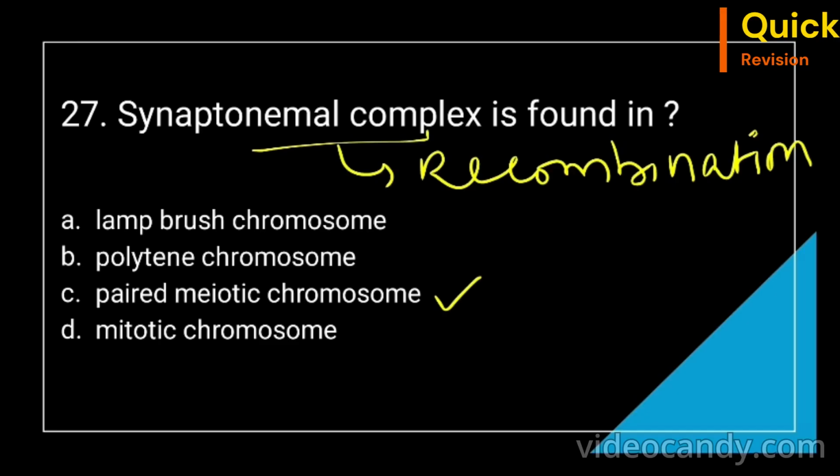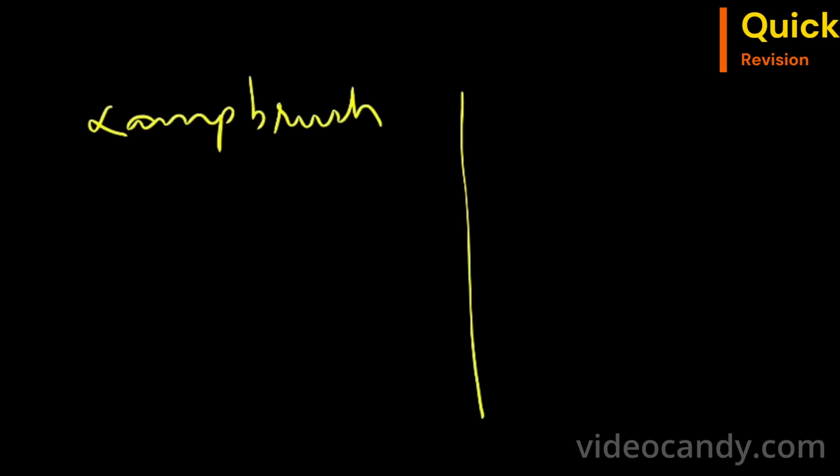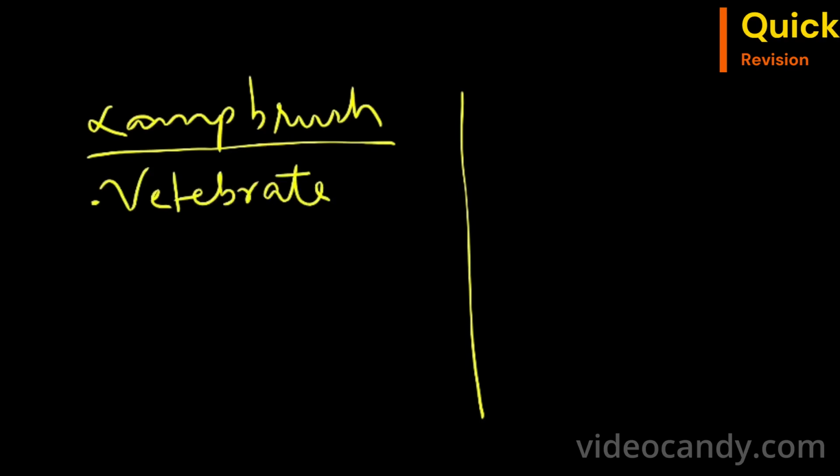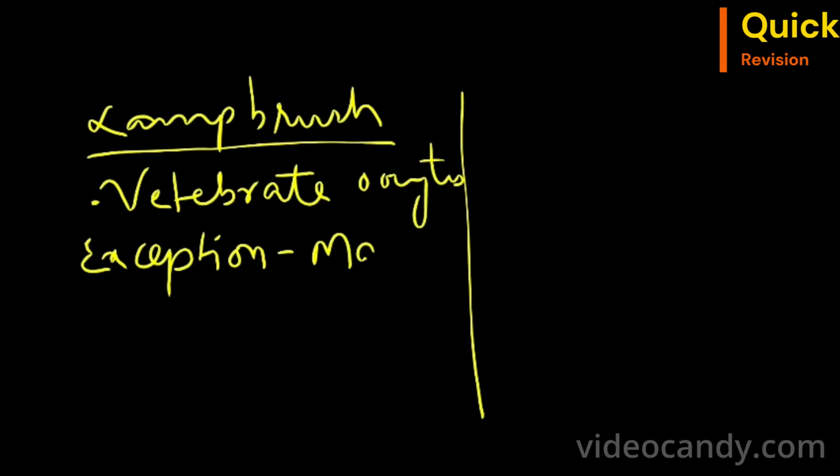So now let's look a little bit at the lampbrush chromosome and polytene chromosome. Lampbrush chromosome, you can find it in the vertebrate oocyte, but the exception is mammals. You don't find it in the mammals.